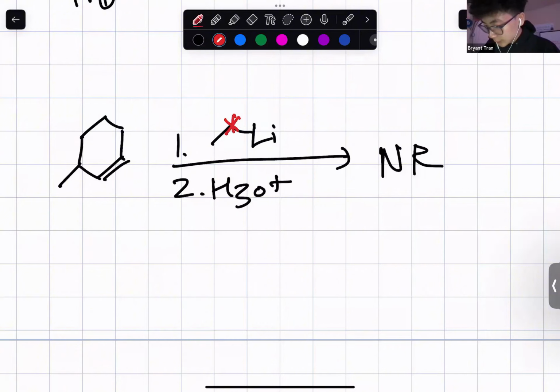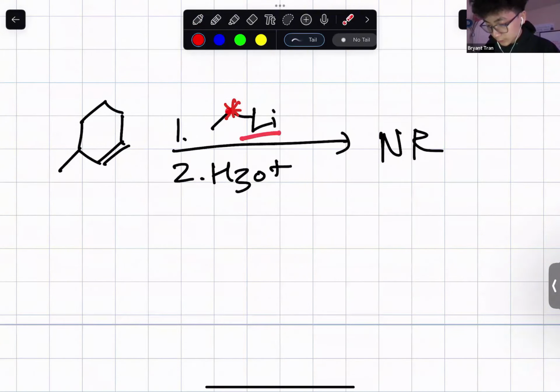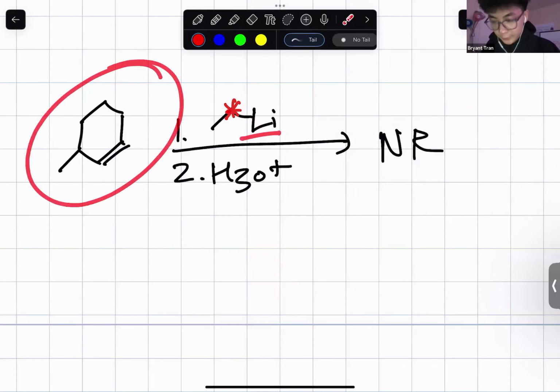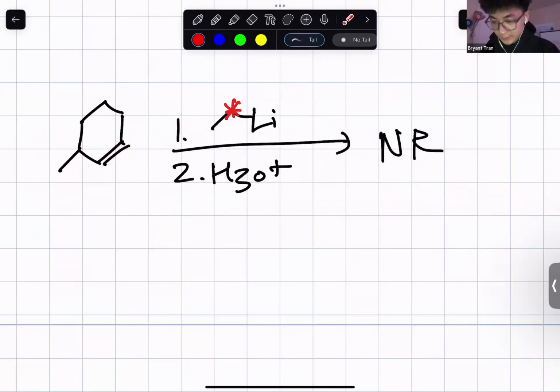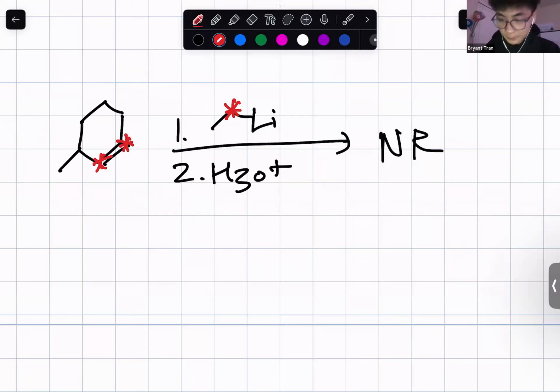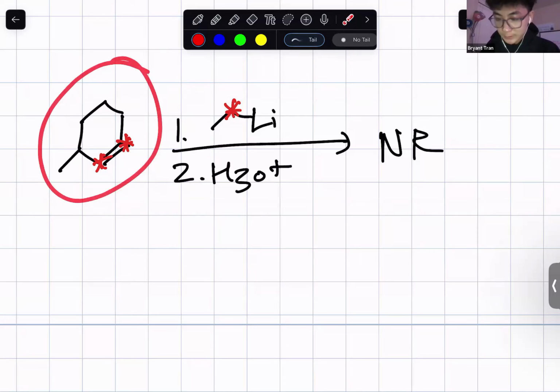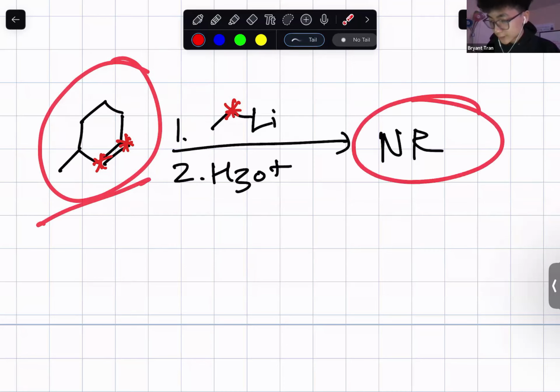Because this carbon directly attached to the Li is the nucleophile. There's no electrophile here in this molecule. When you see an alkene, think of the alkene as a nucleophile and base. Both carbons give a nucleophile base, and nucleophiles will not react with each other. But nucleophiles would attack an electrophile if there was an electrophile here. But since there's no electrophile here, that's no reaction, NR.